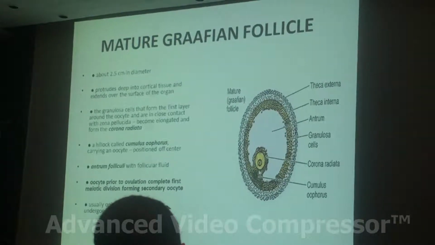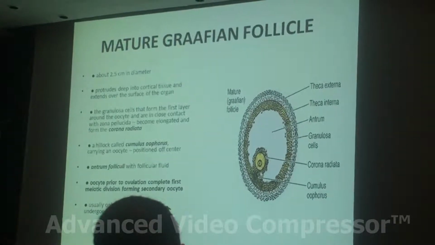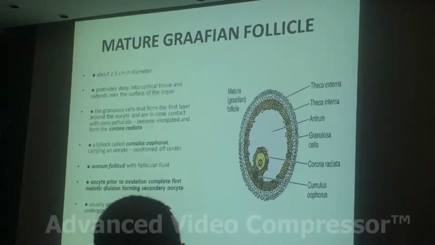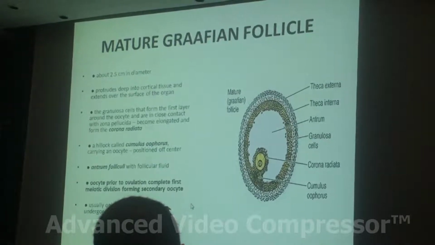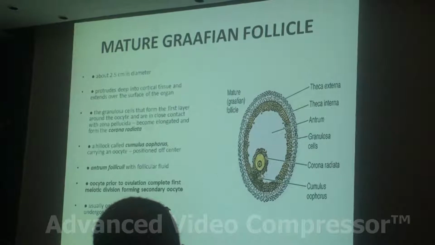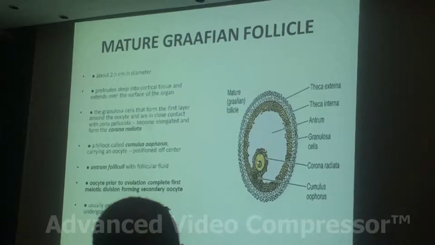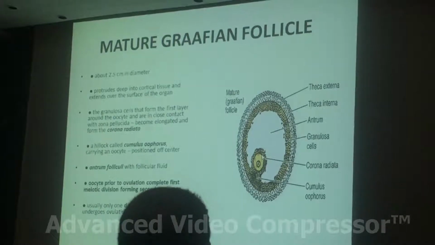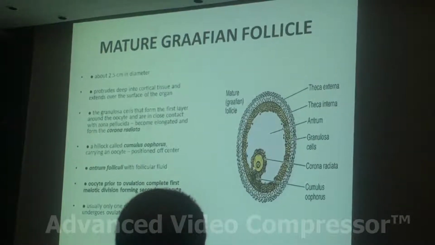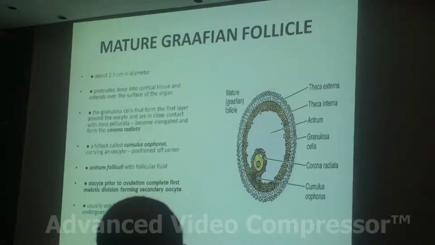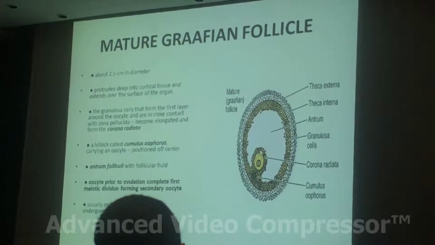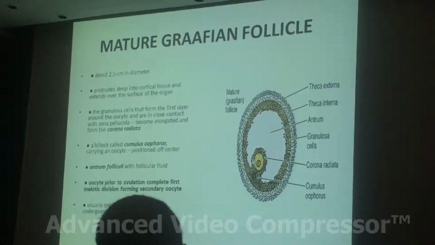At the region of the cumulus oophorus, the oocyte with its surrounding corona radiata will break free into the uterine tube. So what ovulates is the oocyte. Is it primary or secondary? Secondary at this stage. And around it, this shell, what is it called? First the zona pellucida, with some granulosa cells that are termed what?